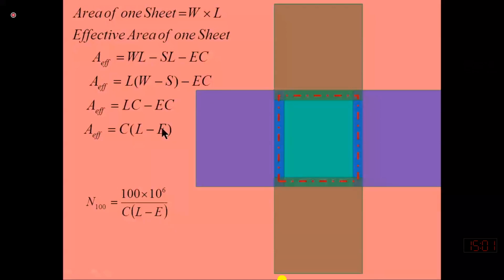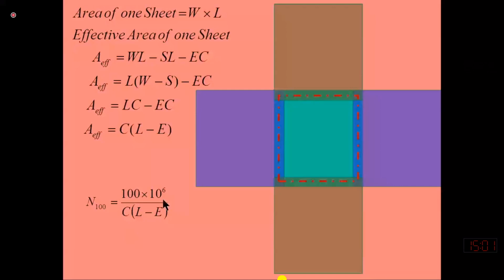For example, if we want to cover an area of 100 meters square, if the total area of the roofing is 100 meters square, 100 multiplied by 10 to the power 6, because the power of 6 is used to convert meters into millimeters.